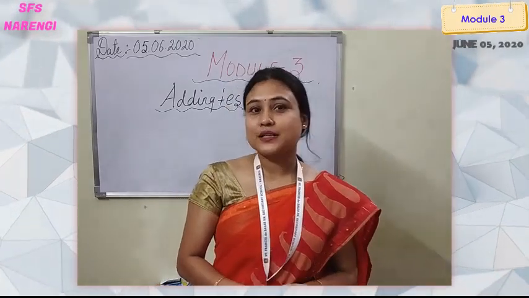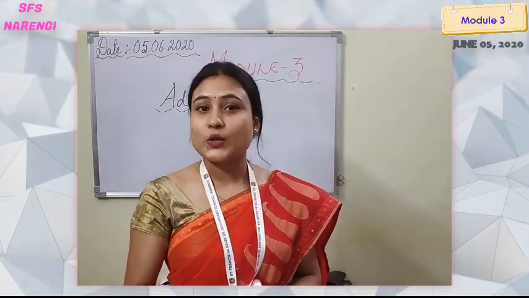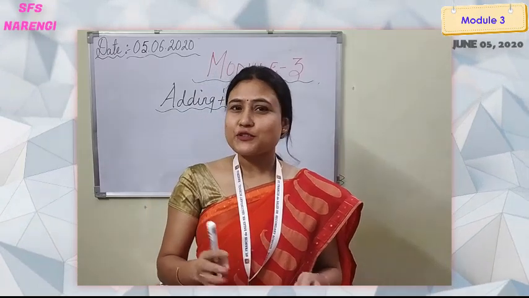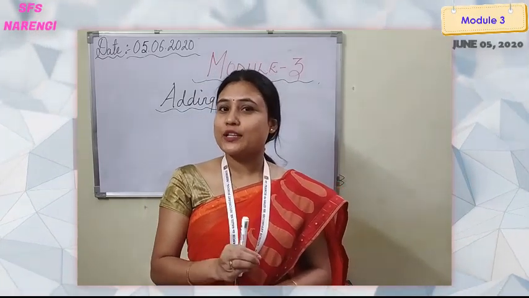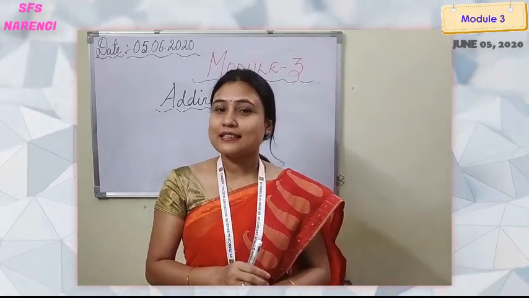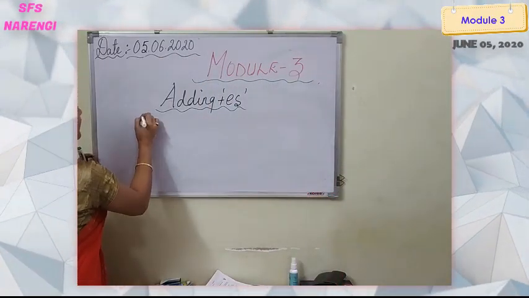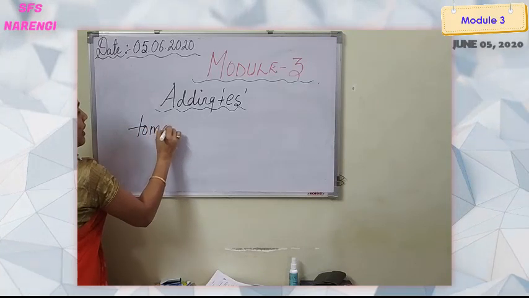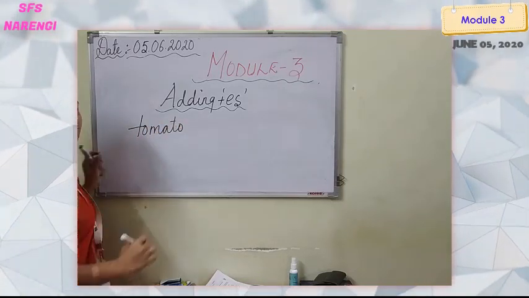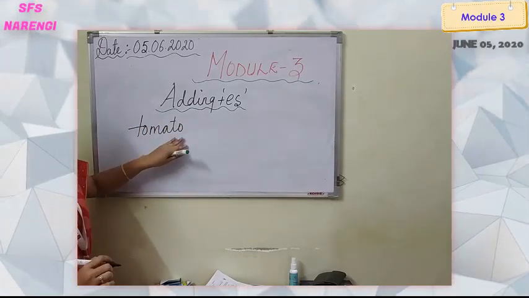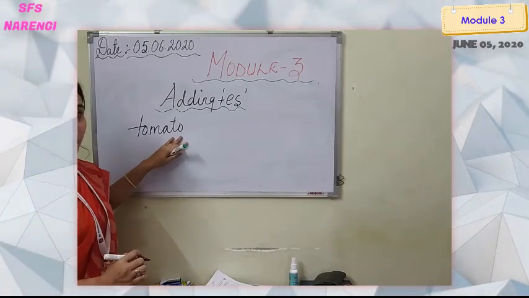So my dear students, let's see one example of a word that ends with the letter O. Can you tell me a word that ends with O? Yes, what is it? It's a tomato. Tomato. So in this word, the last letter is O, right?